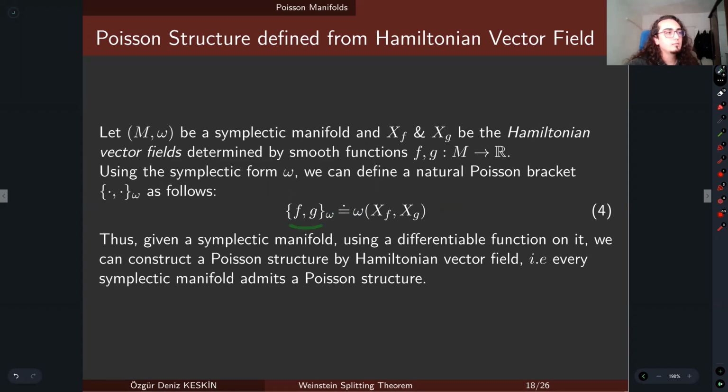Simply by defining the output of omega to be the output of the Poisson bracket, we can define a Poisson structure on any symplectic manifold using Hamiltonian vector fields.